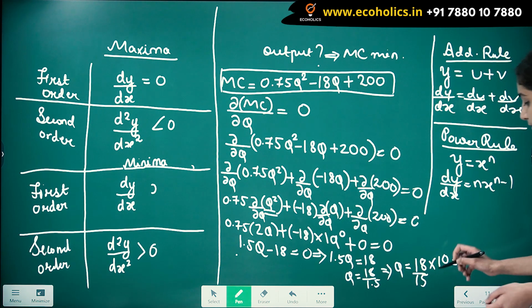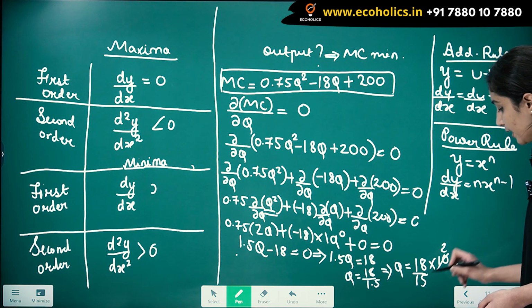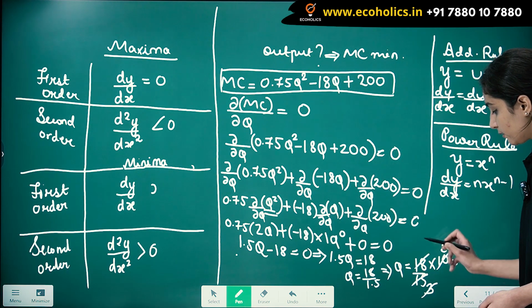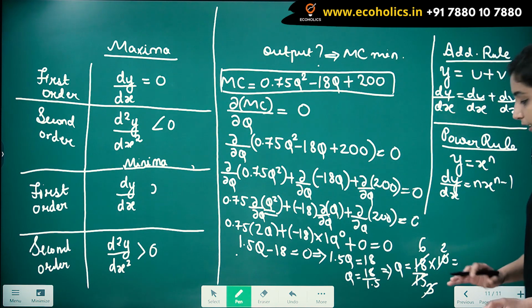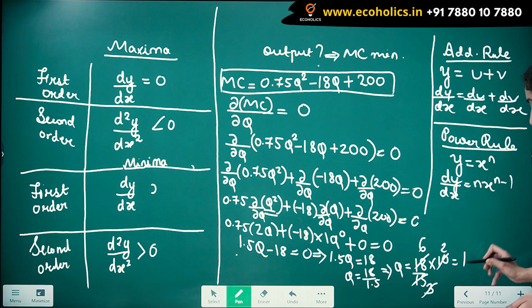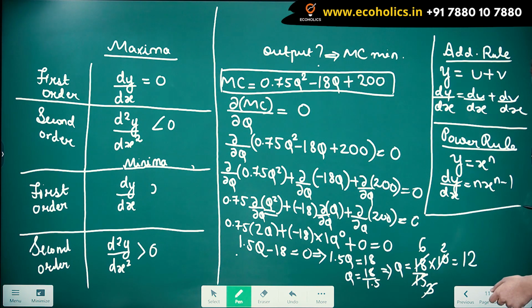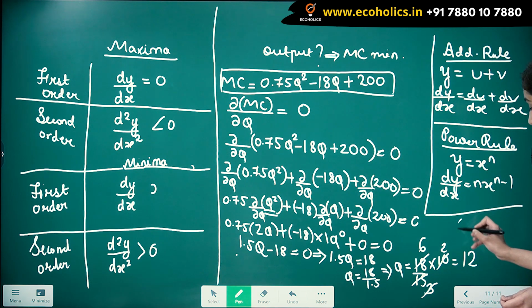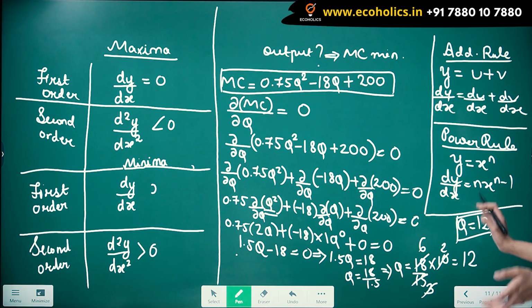So 5 2s are 10, 5 3s are 15, 3 1s are 3, 6s are 18. So 6 into 2 we get 12. So from our first order condition, we get Q is equal to 12. So we get the value of output as 12.